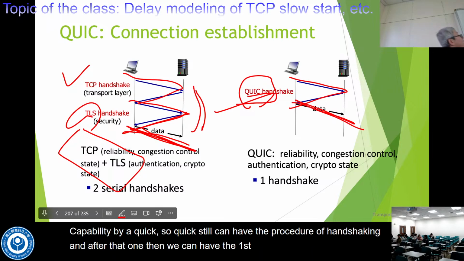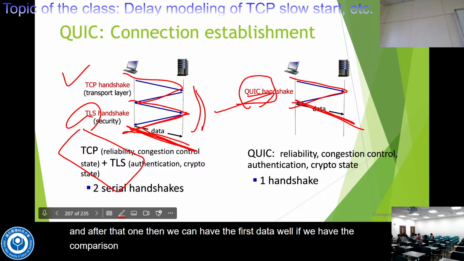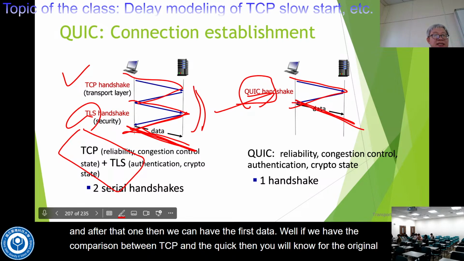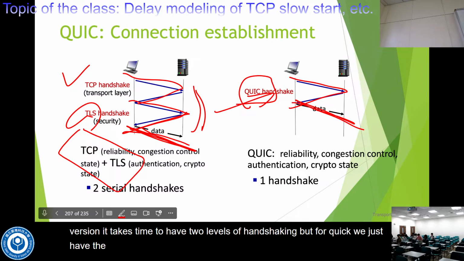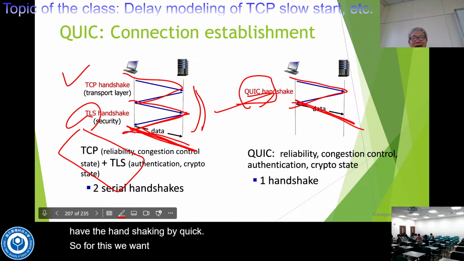If we compare TCP and QUIC, you will know. For the original version, it takes time to have two levels of handshaking. But for QUIC, we just have the handshaking by QUIC simply. So we want to shorten the time for the connection.